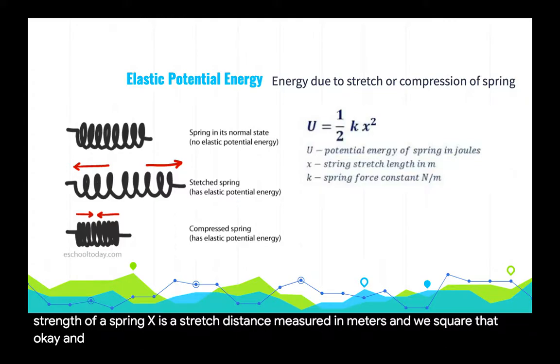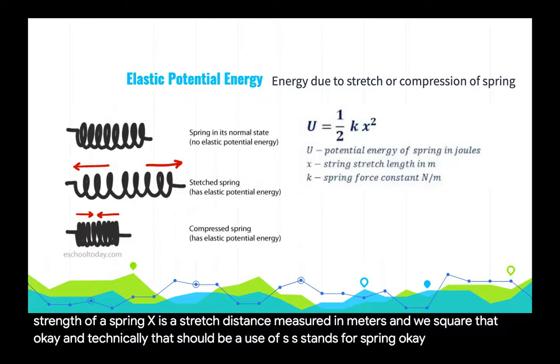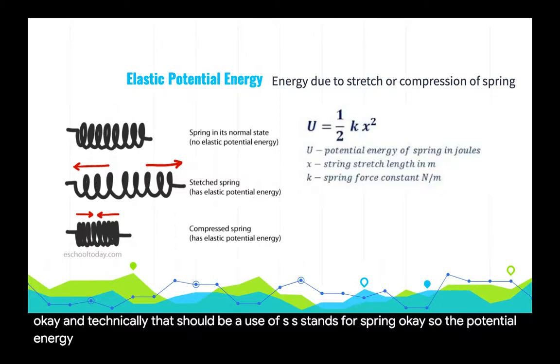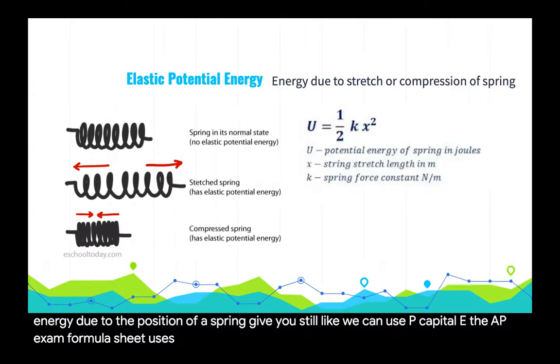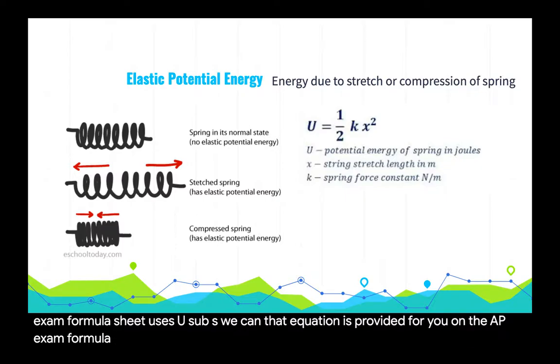Technically that should be a U sub S, where S stands for spring. It's the potential energy due to the position of a spring. We can use PE, but the AP exam formula sheet uses U sub S, and that equation is provided for you on the formula sheet.